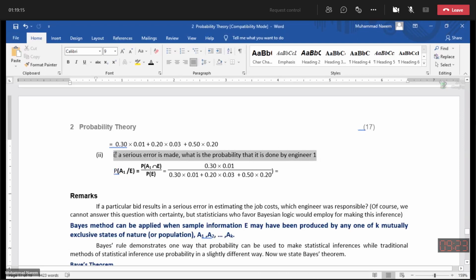Similarly, as we discussed in the previous example, if a girl is selected, what is the probability that she is from section A? Similarly, we can find out the probability that it is done by engineer 2 or engineer 3 also.